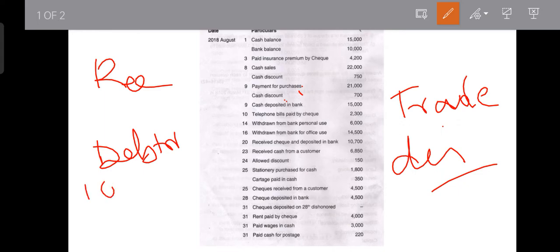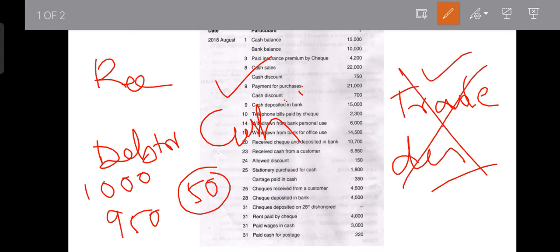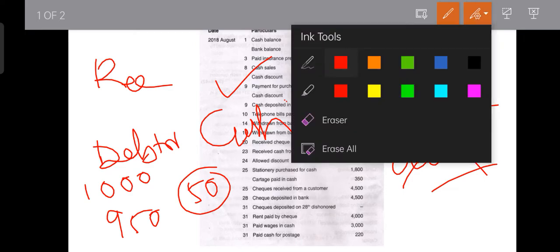If you want to receive 1,000 rupees and you receive only 950, the 50 rupees we are not receiving is the discount allowed, that is cash discount. That will appear in the books of business. The discount we give at the time of sale is a trade discount, which is not going to appear in the books. So by mistake or intentionally it is given in the problem, but that is actually wrong.